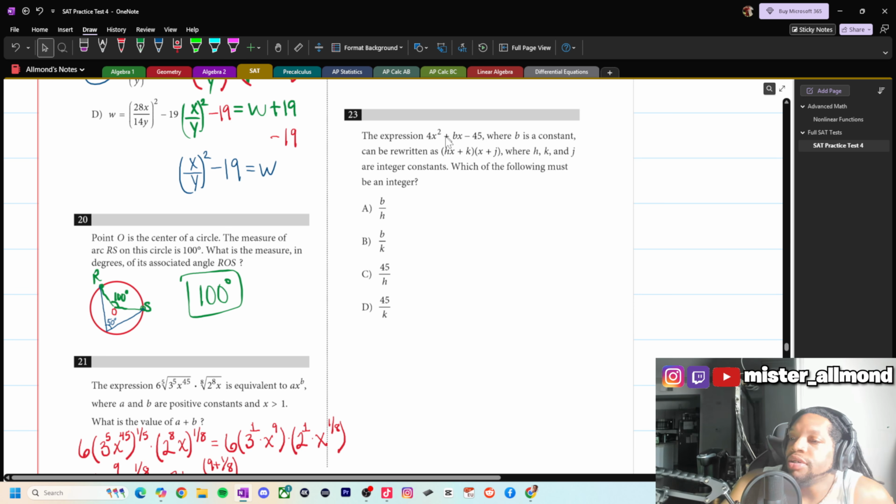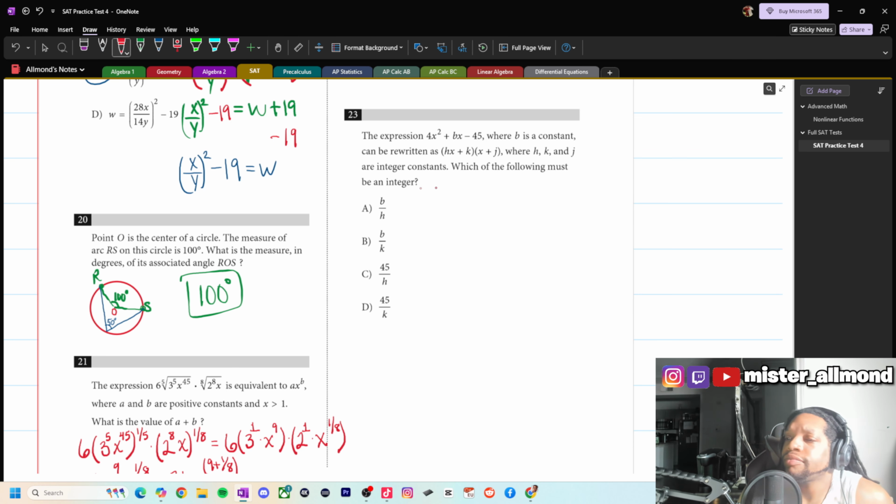The expression is some quadratic. B is a constant. Can be rewritten as hx plus k times x plus j, where h, k, and j are integer constants. Which of the following must be an integer? This wording just makes it seem kind of hard. All right. So here, let me write this out.